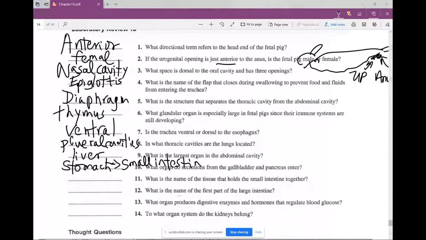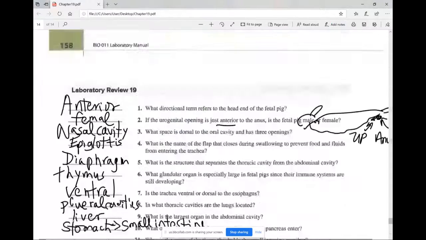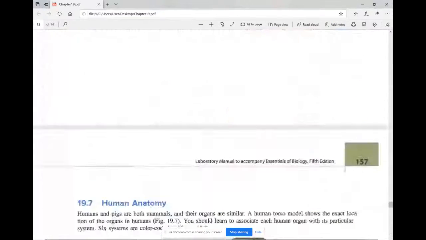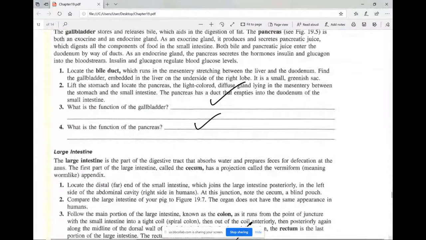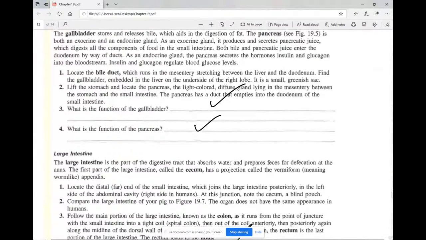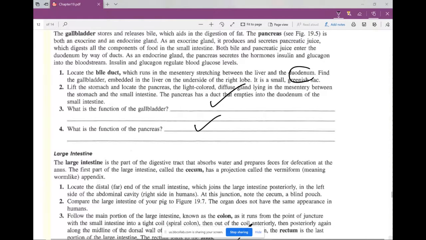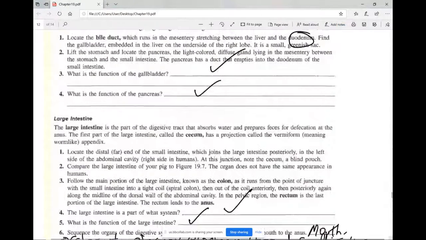Actually, let's read up on this. All right. The bile duct, which runs in the mesentery, stretching between the liver and the duodenum, find the gallbladder embedded. So it connects to the duodenum. All right. So yeah, I knew I was wrong.